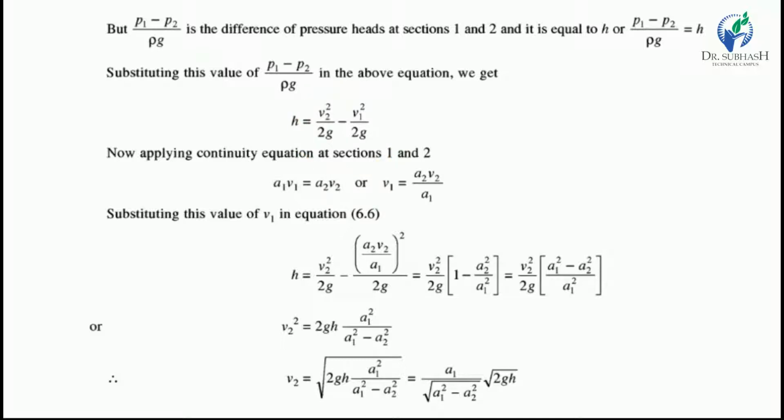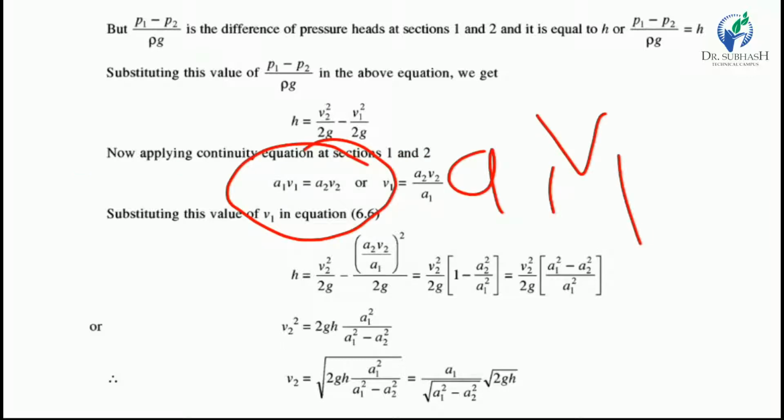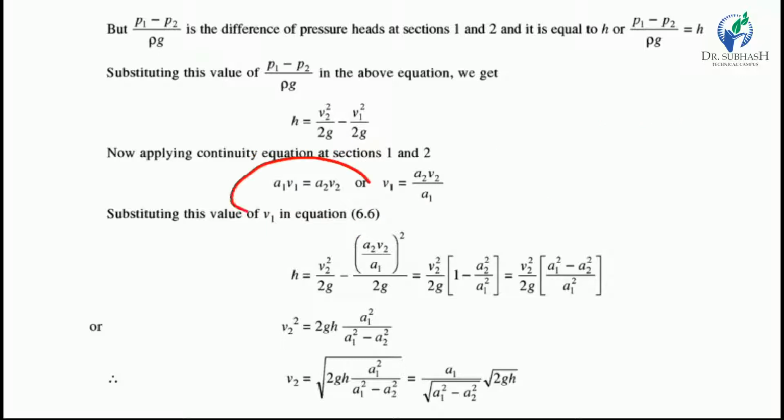Now we apply the continuity equation at section 1 and section 2. The continuity equation states that A1 V1 is equal to A2 V2. So we get the value of V1 from the continuity equation: V1 is equal to A2 V2 upon A1.